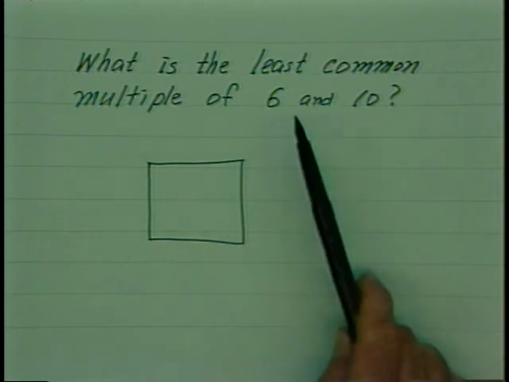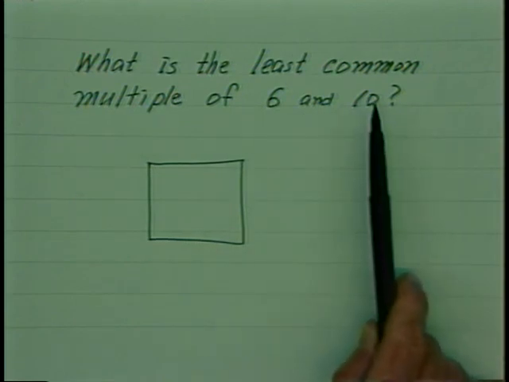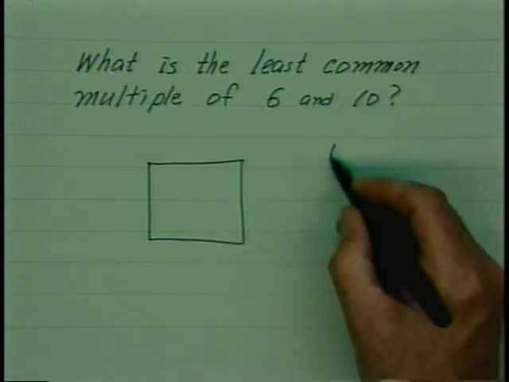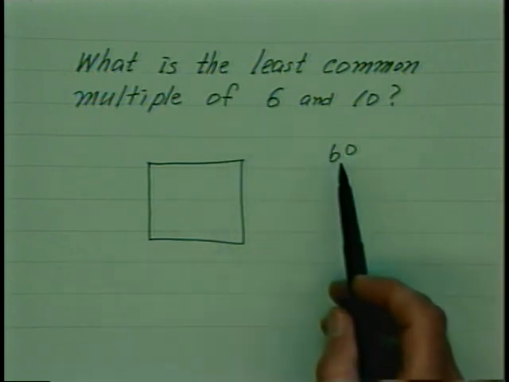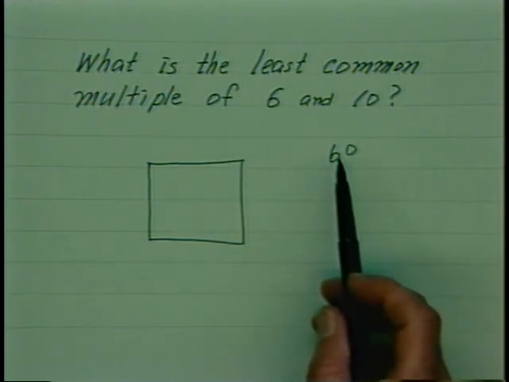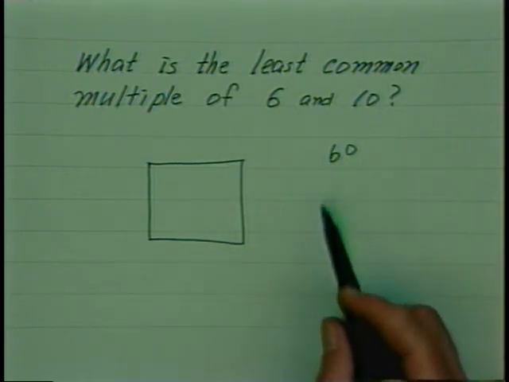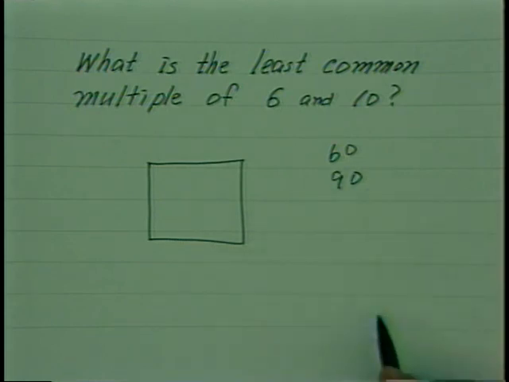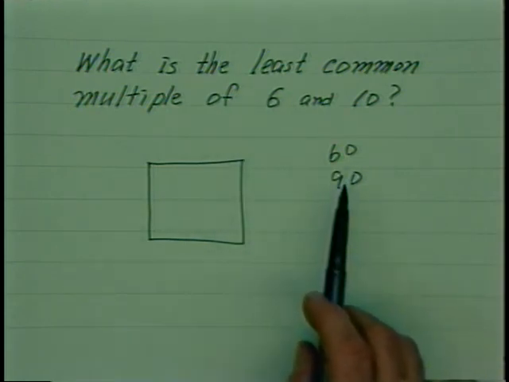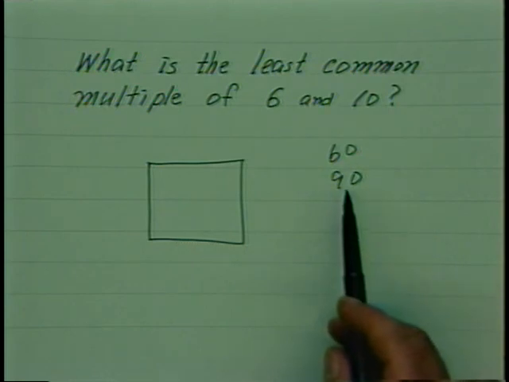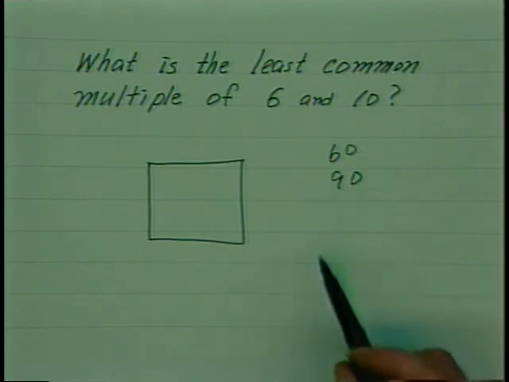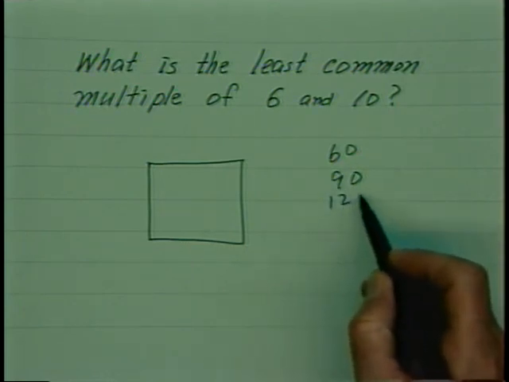Now please note that 6 and 10 will both divide into 60, will they not? 6 goes into here 10 times, 10 goes into here 6 times. They will both go into 90. 6 goes into 90 15 times, 10 goes into 90 9 times. They'll both go into 120.